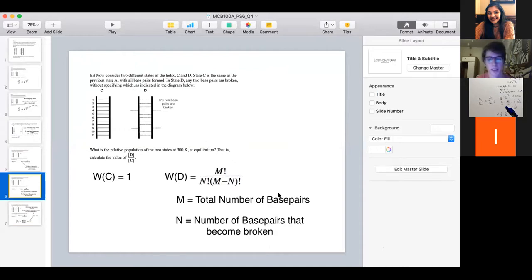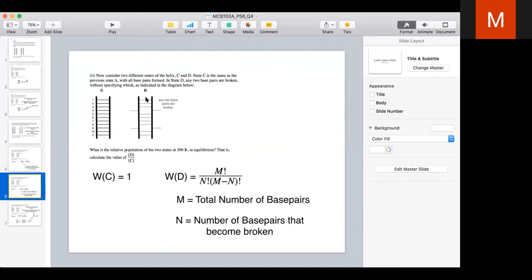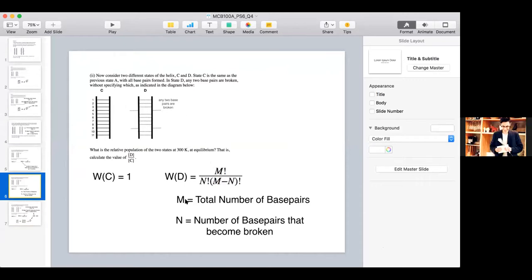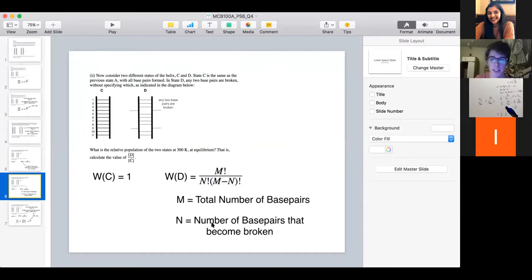Yeah, so M would be the total number of base pairs that could possibly be broken. And then N would be the number of base pairs that become broken.